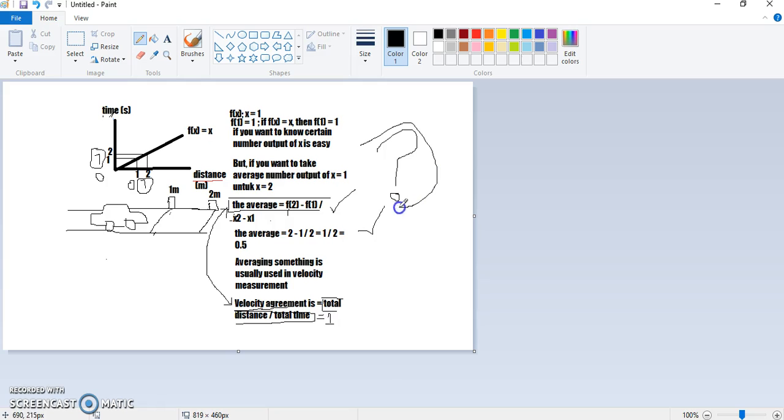Actually we can, but we want to take a very small limit. So instead of 1 minus 1, you use 1 minus 0.99. It's very close.